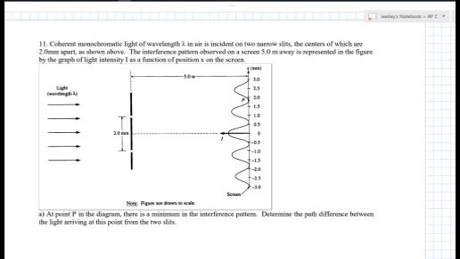So, multiple ways that we could do this, but they give us lambda. From here to here, the path length difference delta L is 0. From here to the first minimum, delta L has to be equal to 1/2 of a wavelength, because at that point we're getting destructive interference.